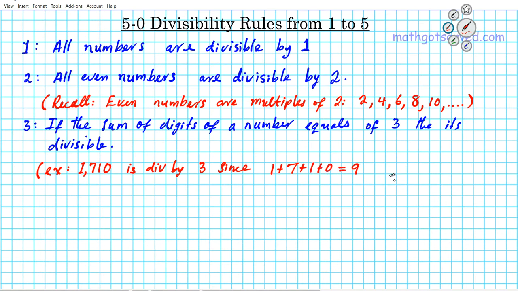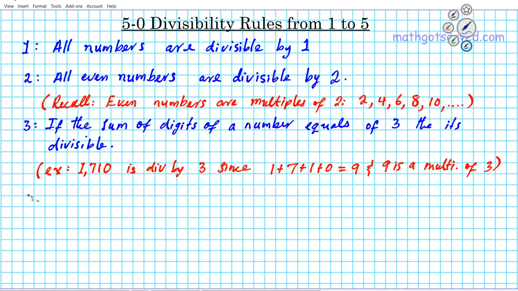And what do you know about 9? 9 is a multiple of 3. If you're counting by 3s, 3 times 1, 3 times 2 is 6, 3 times 3 is 9. Bam, there you go. And 9 is a multiple of 3. So that's why it's divisible by 3.